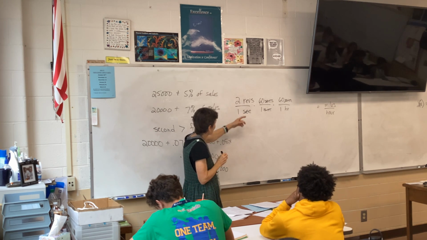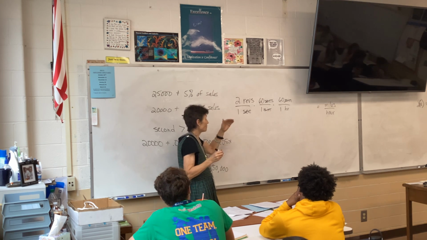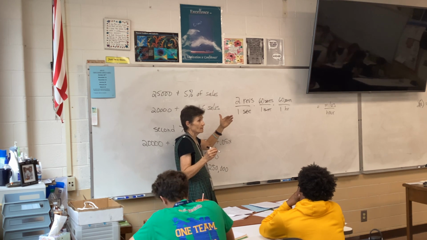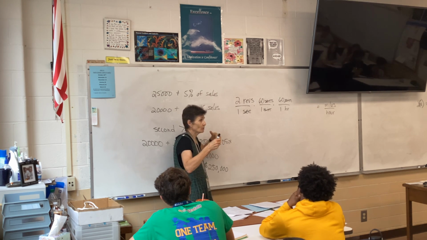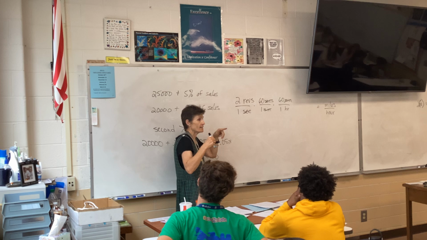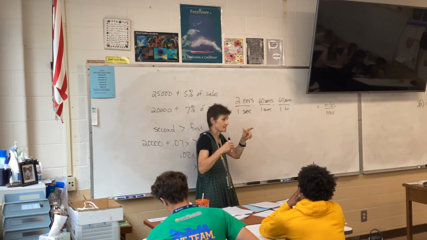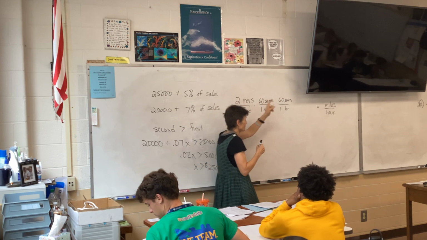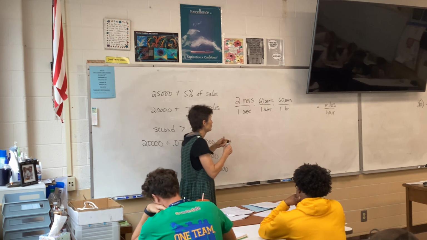So now I've gotta get from revolutions to miles. Well, somebody got hit on this yesterday. Was it you? Yeah. A revolution is a circumference, and a circumference is a distance. So we can get from revolutions to distance by remembering that a circumference is a revolution.